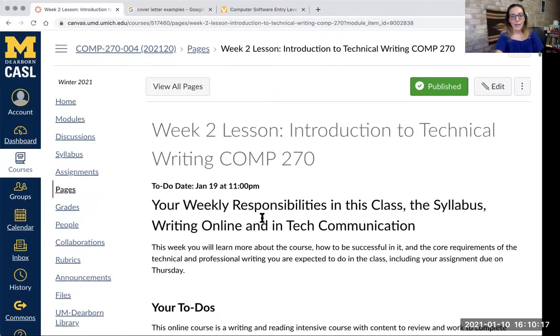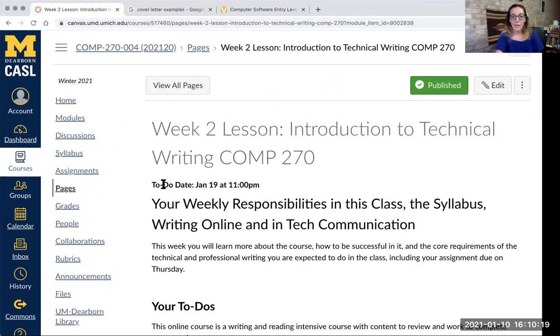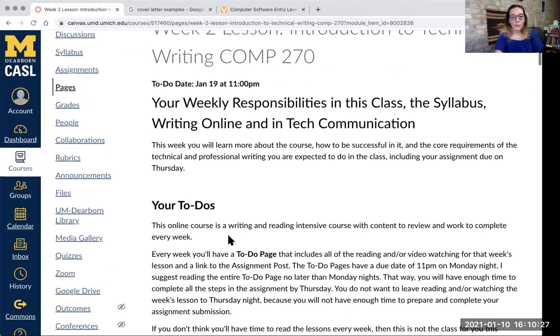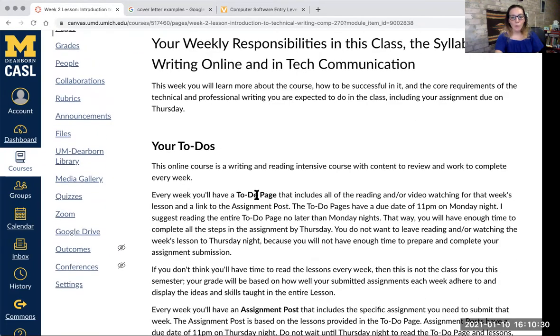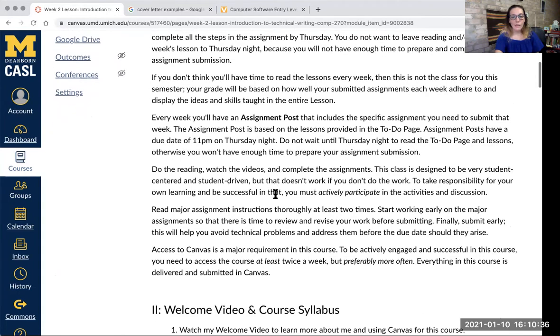As I said, my suggested deadline for reading and taking notes on that is January 19th by 11 p.m. You want to read to understand a little bit more about what these to-do pages, these lesson pages, are, and the expectations for the assignment posts.